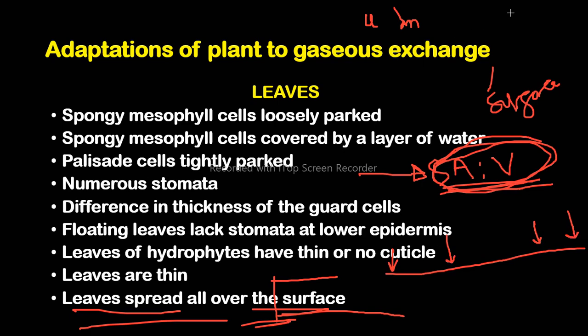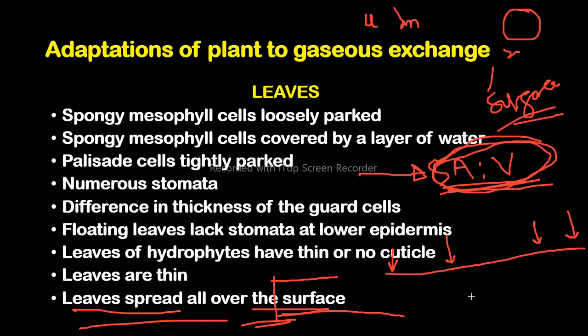But an organism being small in size has a small surface area compared to a large organism. But if you consider surface area to volume, the ratio becomes large in small organisms compared to large organisms.